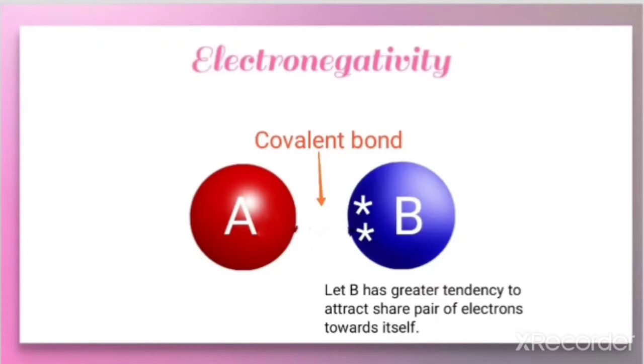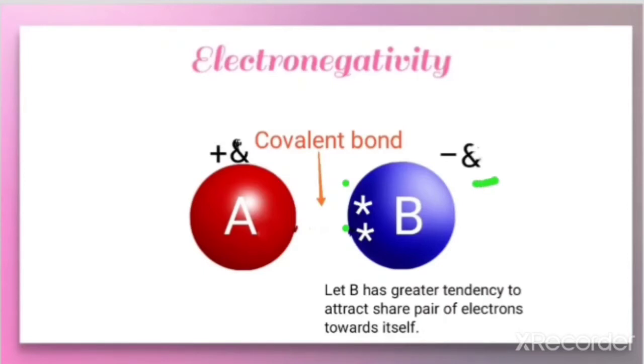Because of this reason, we can say that A develops a partial positive charge and B develops a partial negative charge. Why the negative charge on B? Because the electron density is closer to B, so partial negative charge.